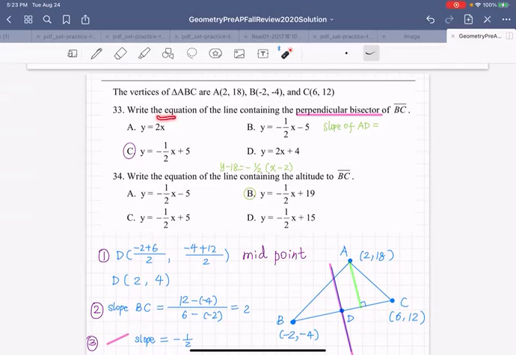Read here. Write the equation of the line containing the perpendicular bisector of line BC. Oh, we want to review what the perpendicular bisector is. If you want to draw the perpendicular bisector, number one, you pick the midpoint of this line. Midpoint: this piece equals this piece, okay?